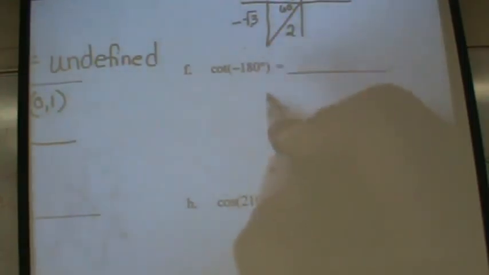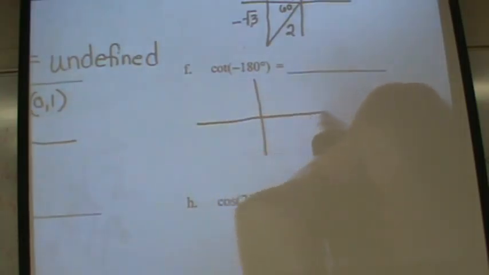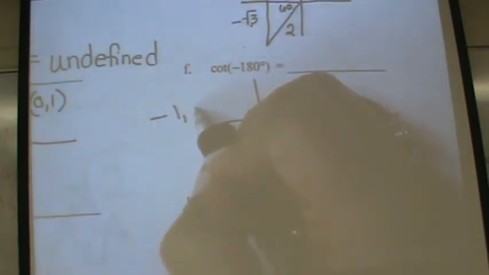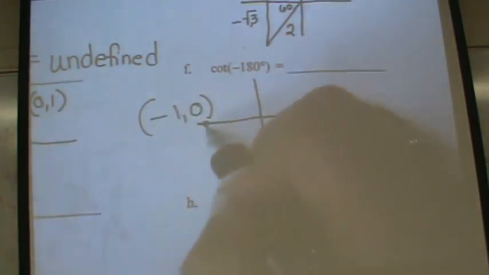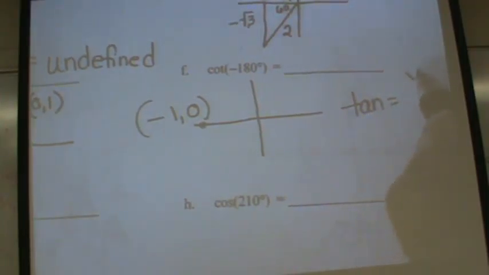Cotangent. Where's negative 180? It's right here, going backwards. What's this ordered pair? It's (-1, 0). You went left 1 unit, up 0. Tangent, by our definition, is the y value over the x value.